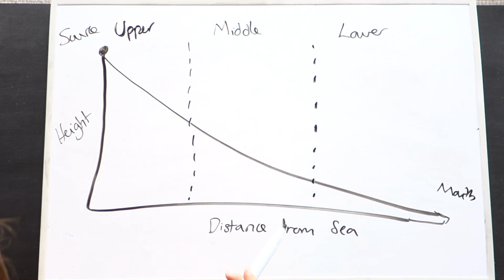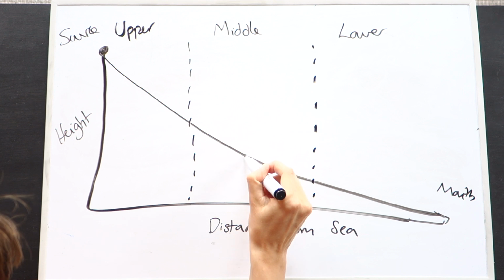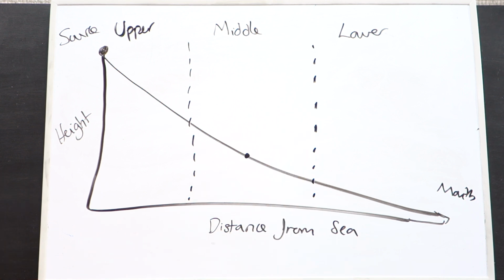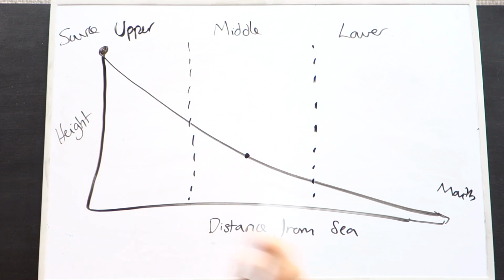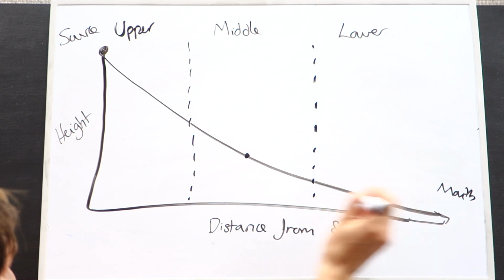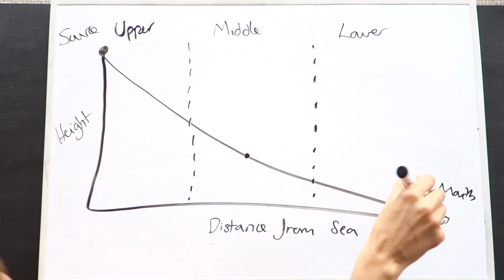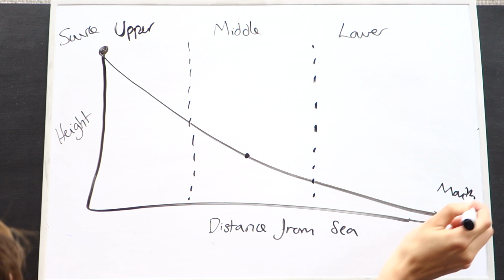In the middle course, the river is still fairly high above sea level, but less high than in the upper course, and it's closer to its mouth.